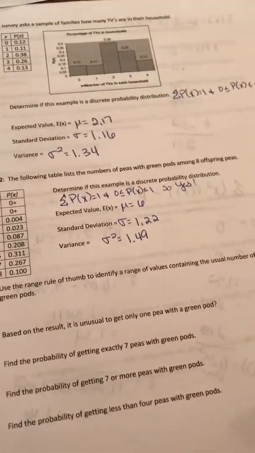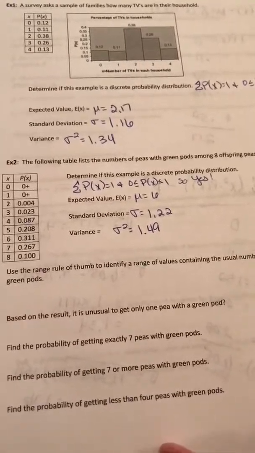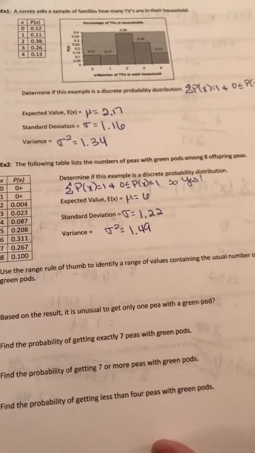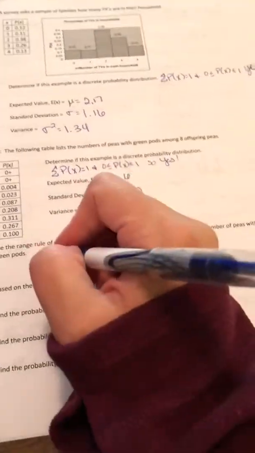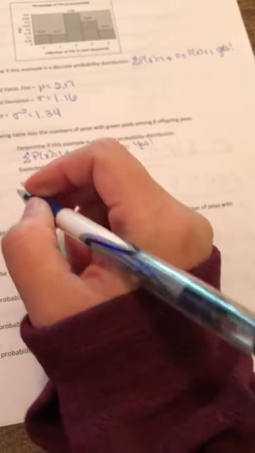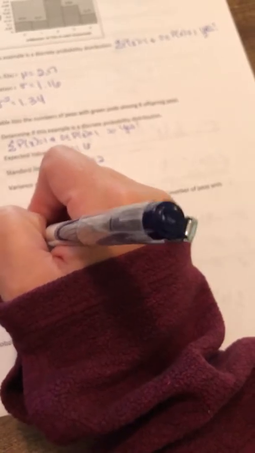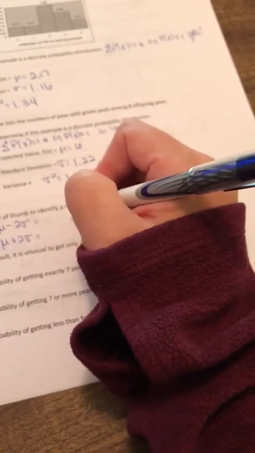And so you can check it on the formula, it'll work if you want. Use the range rule of thumb, which we learned about a couple weeks ago, to identify the usual number of peas with green pods. So the range rule of thumb says that most data values fall within 2 standard deviations of the mean. So we would do mu minus 2 sigma is our min, and mu plus 2 sigma is the max.